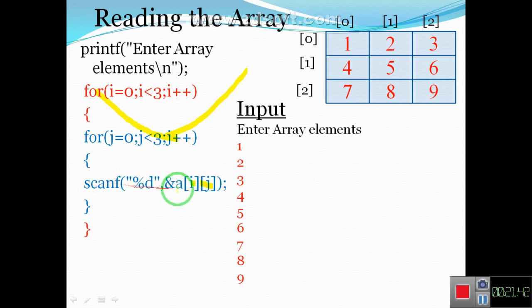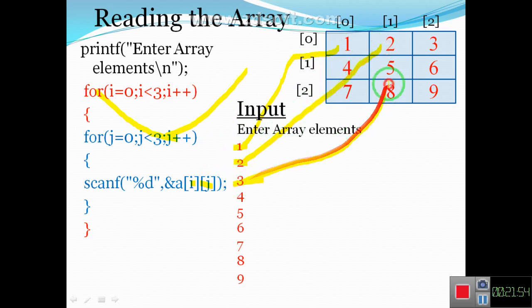So scanf percentage d, ampersand A of ij. First time I am entering 1, it is stored in 0 0. Second time for loop execution, 0 1, it is entering here. Third time, and fourth time, it is entering here. Similarly up to 9 values are read or scanned.